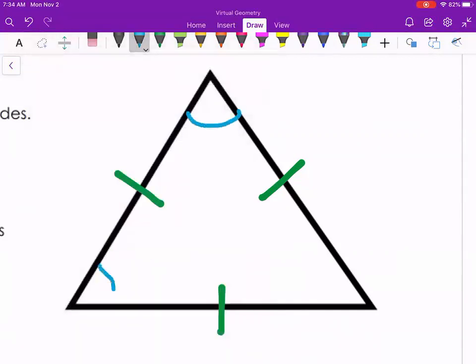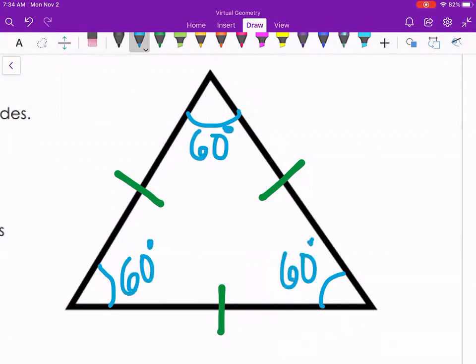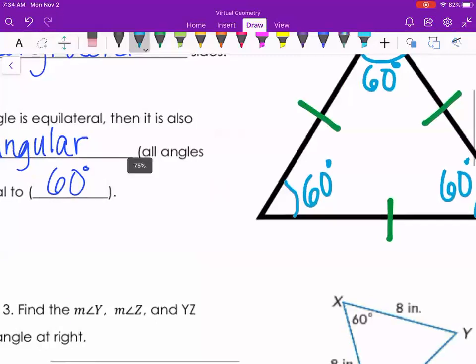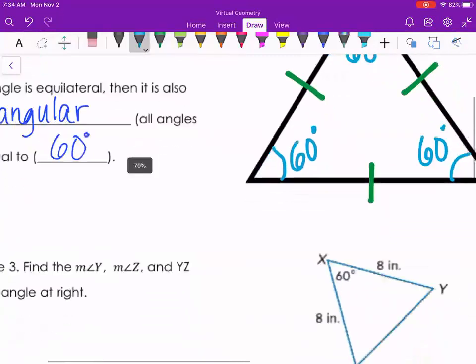So there is not a separate vertex and base angles here for equilateral. And more specifically, they're all 60s. So if I know one, I already know the others. If I have all congruent angles, I get automatically congruent sides. If I get equilateral, I get equiangular. If I get equiangular, I automatically get equilateral.